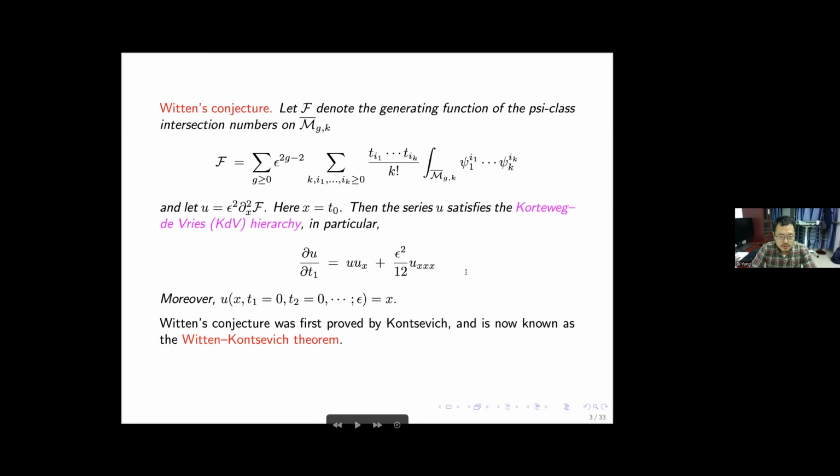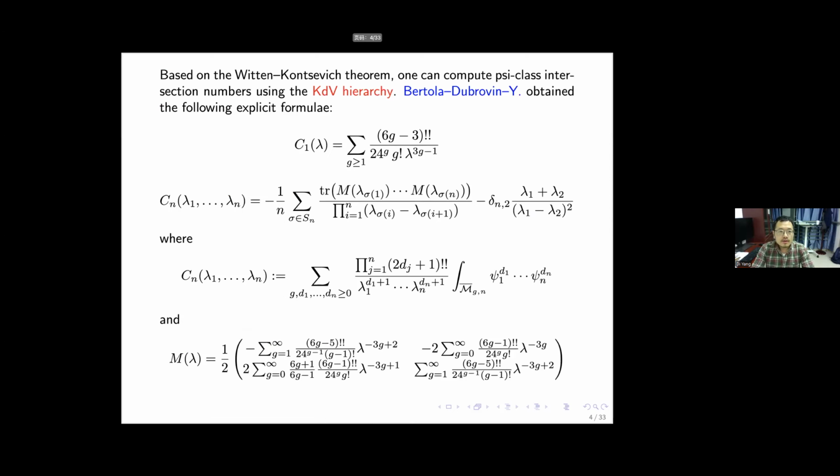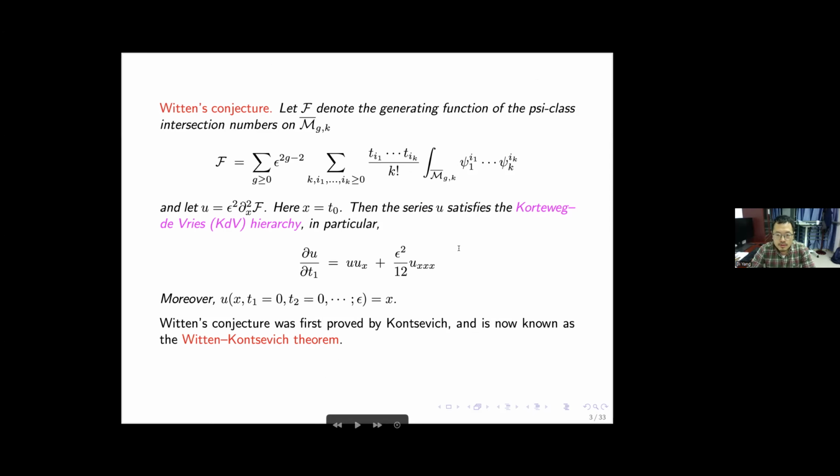Witten's conjecture was first proved by Kontsevich, and it is now also known as the Witten-Kontsevich theorem. Based on the Witten-Kontsevich theorem, since as we mentioned these are evolution PDEs, we can solve this nonlinear PDE to get a unique solution.